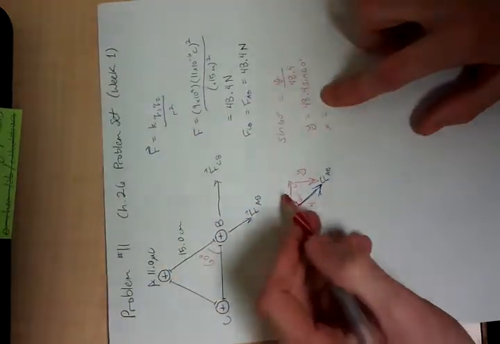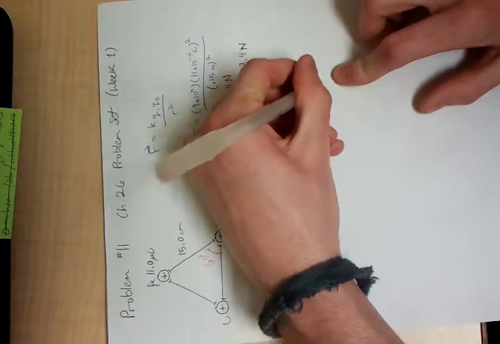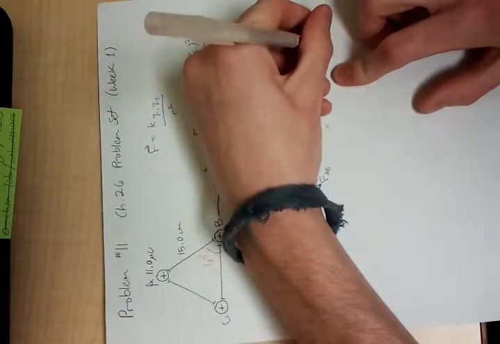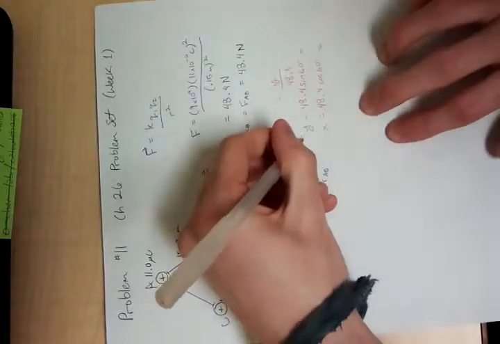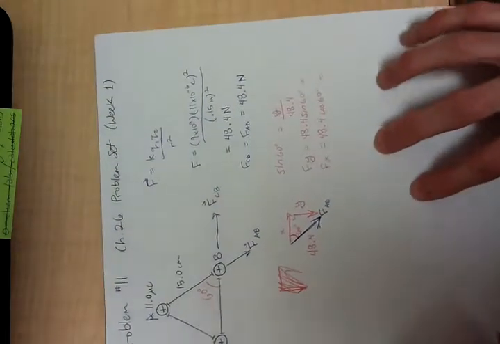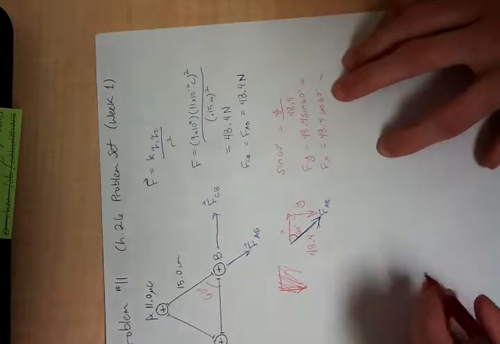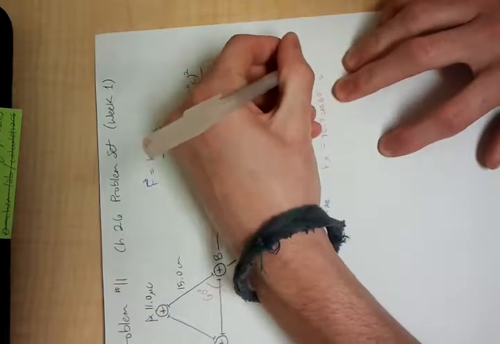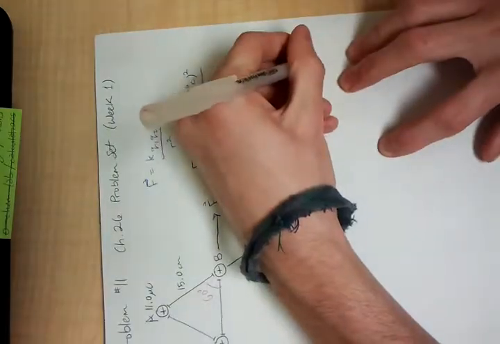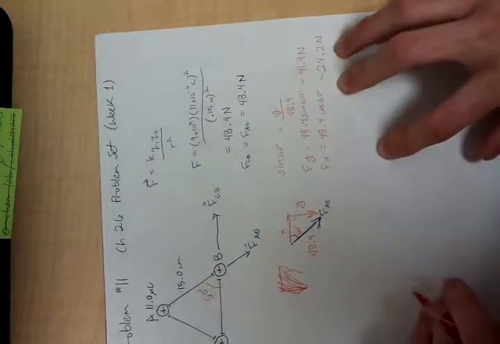We can do the same with x, except with x we'll be solving for cosine, so 48.4 cosine of 60 degrees. These will be the force of A in the x and the y direction. When we solve for these two values, we get the force in y equal to 41.9 newtons, and the force in the x direction is 24.2 newtons.